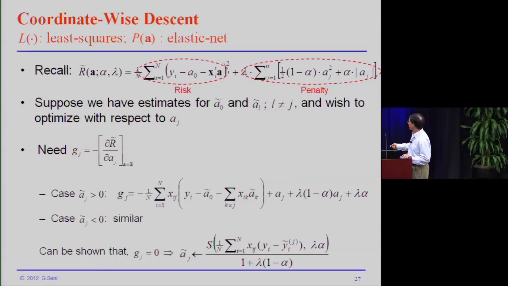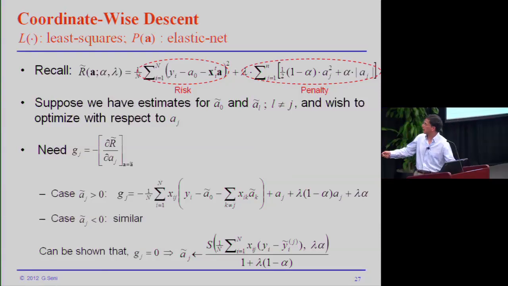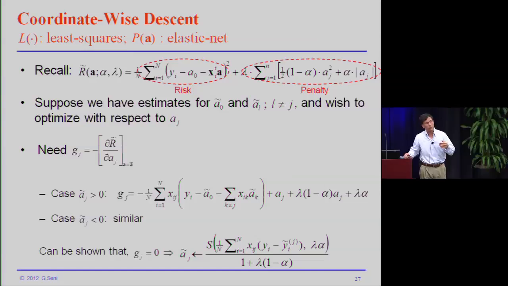Now let's look at this expression. Also here I introduce the notation y tilde. Y tilde, instead of y hat, is the current estimate of the model, but it lags the x sub j piece.